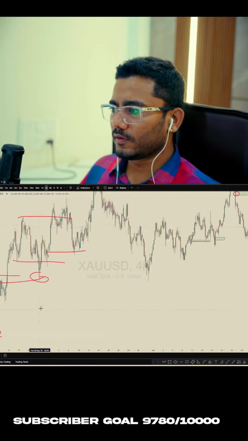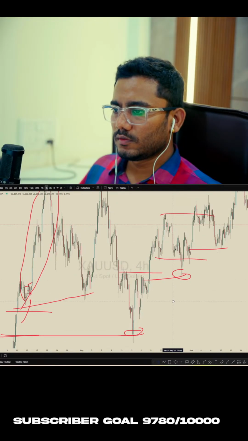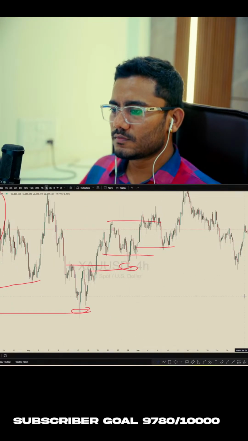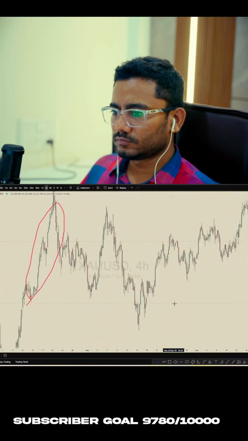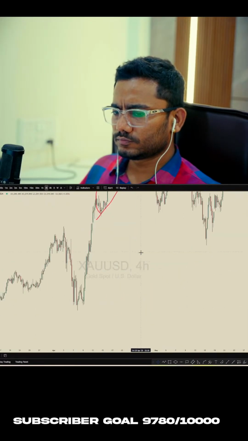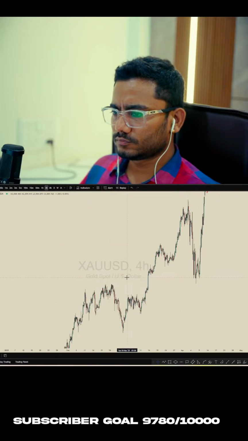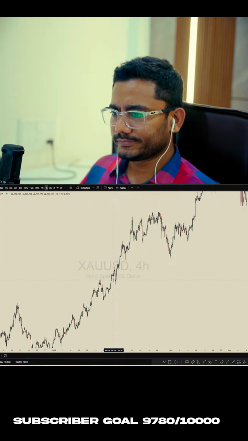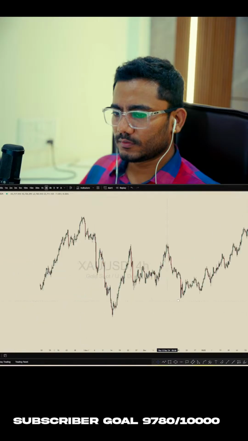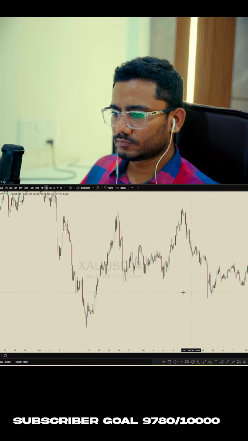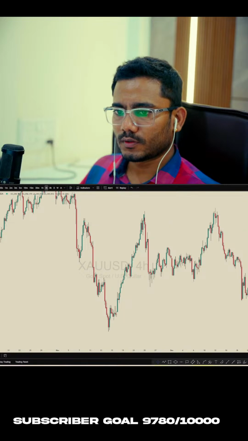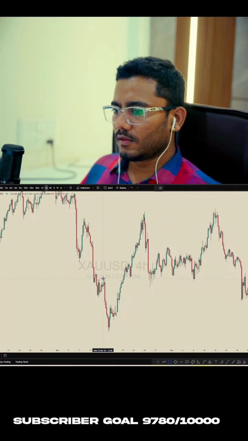So I'll show some examples. Here, this is a breaker block.